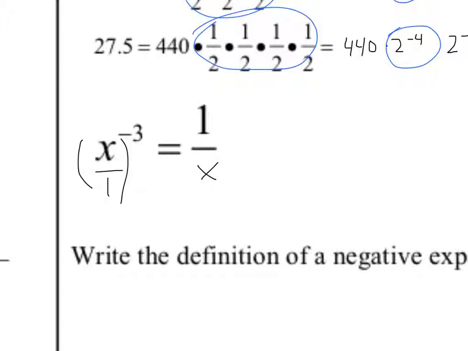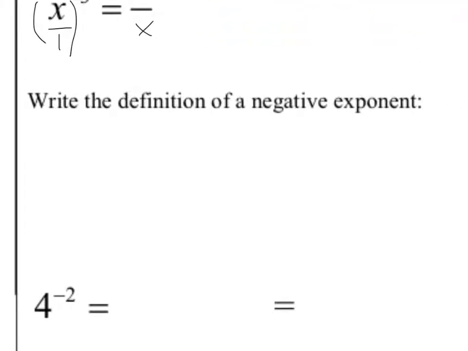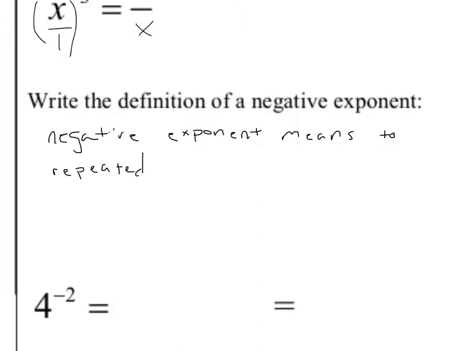So a negative exponent, and this is going to be part of our definition, negative exponents mean to repeatedly multiply the reciprocal.